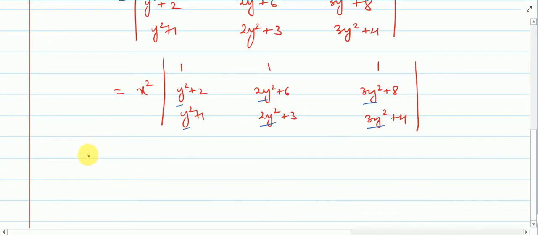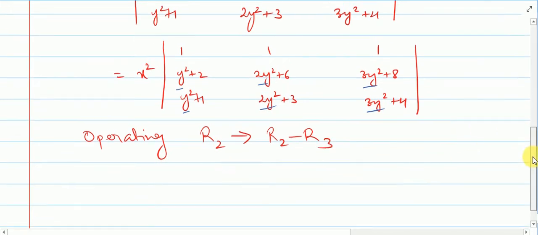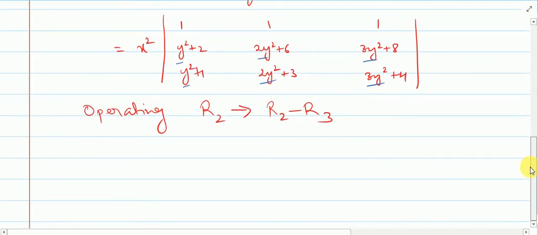We'll write operating R2 minus R3. So I'm going to remove y square, okay, this y term from second row. So that way I'll get x square, and here 1, 1, 1, and here simply this y square cancel, and 2 minus 1 simply 1. Here we'll get 3, here we'll get 4.